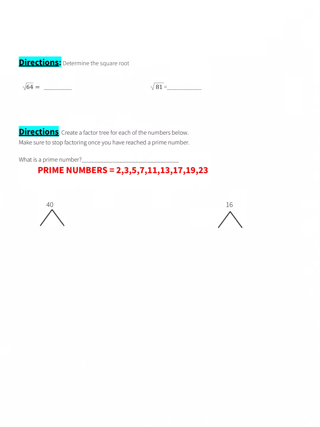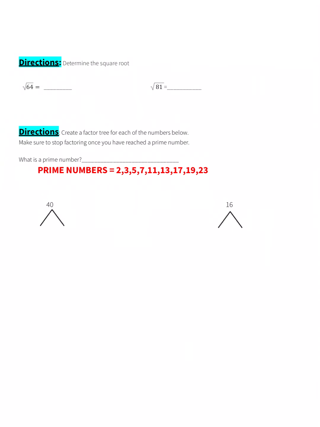Okay, next we have the square root of 64 and the square root of 81. With these numbers, these are perfect squares, so you are not going to have to simplify these numbers. If the answer is a whole number, you know that it's a perfect square.